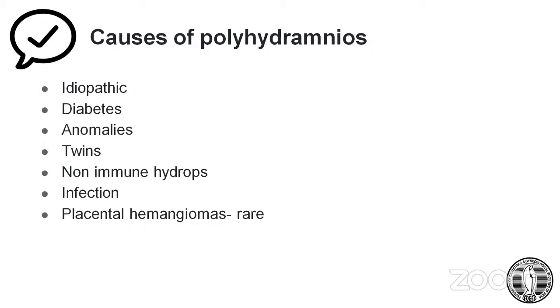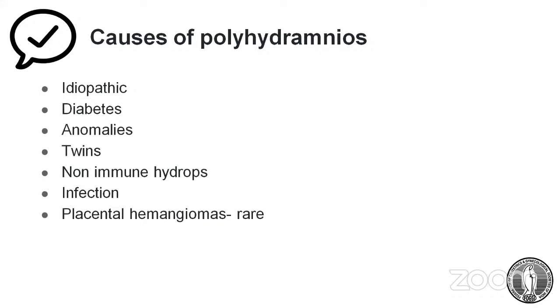He has told so many fetal anomalies, like gastrointestinal obstruction, primary and secondary. Primary like esophageal atresia, duodenal atresia, and secondary, the pressure upon the GI tract which hinders swallowing, like any masses in the neck, and tumors, diaphragmatic hernia, and then twin-to-twin transfusion syndrome, then non-immune hydrops and immune hydrops, infections.